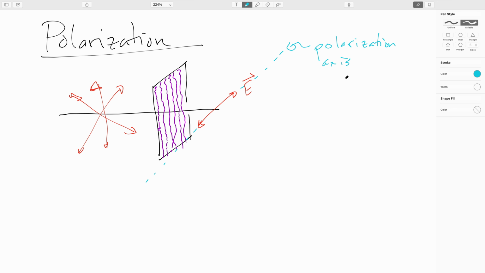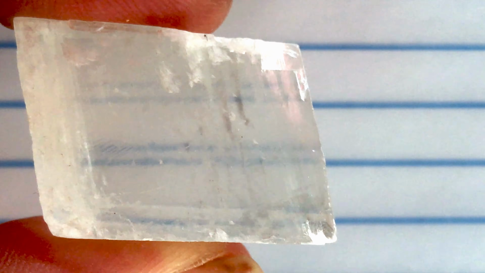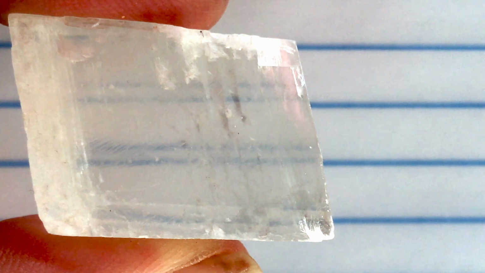Now, this isn't the only way that this can be done. There are certain classes of materials, such as calcite, that have a property called birefringence. What that means is that the light will bend at different angles depending on the polarization, and this is due to the crystal structure. So you can see that in this video clip right here. What you're seeing me hold here in front of a piece of notebook paper is a crystal of the mineral calcite.